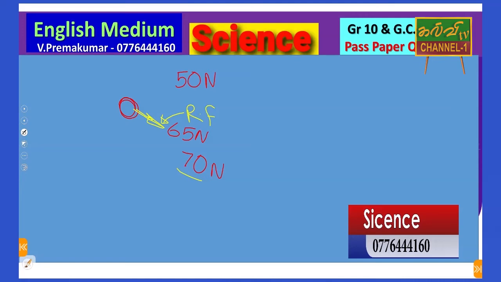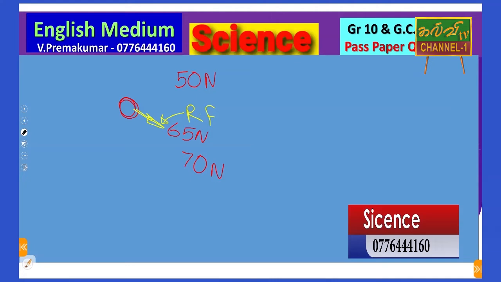Initially we are using two forces, one is 50, the other is 70, but then we found the resultant force of 50 and 70, that is 65.